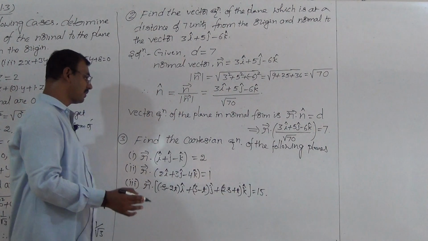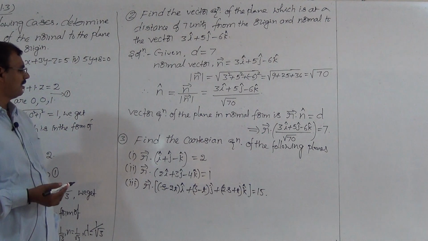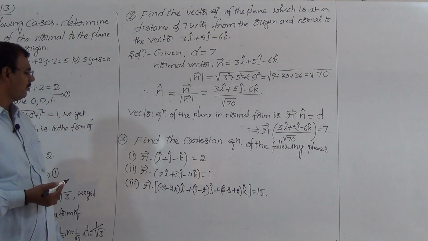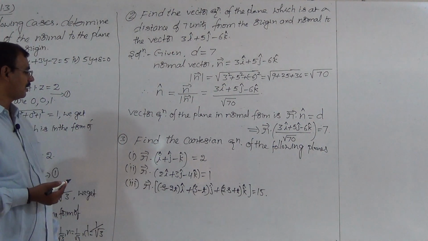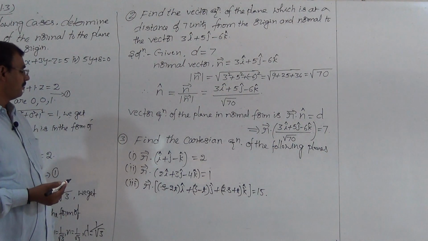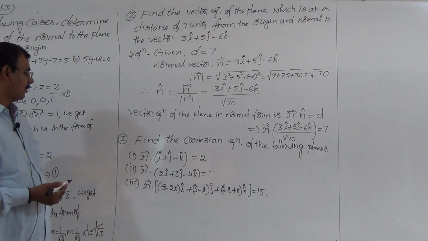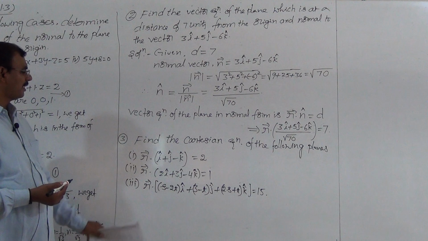These are the questions. This type of questions they generally do not ask in the theory exam. Why? Because these are only conversions, converting into Cartesian form only. Very simple question. I will explain one or two problems, and the remaining you do like this only.